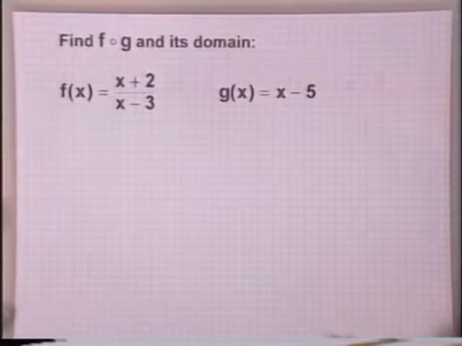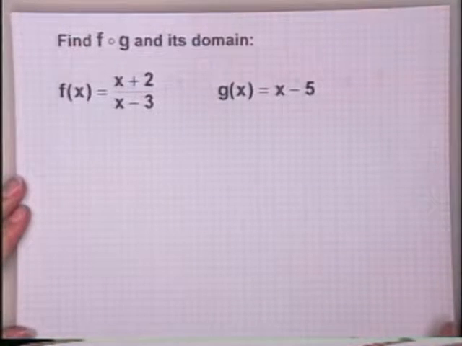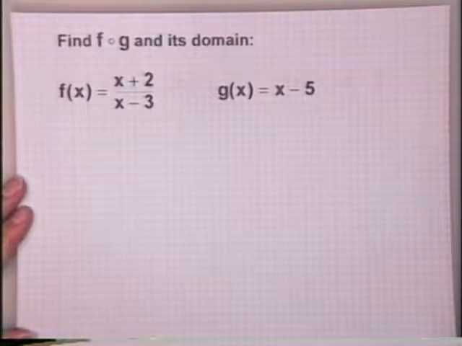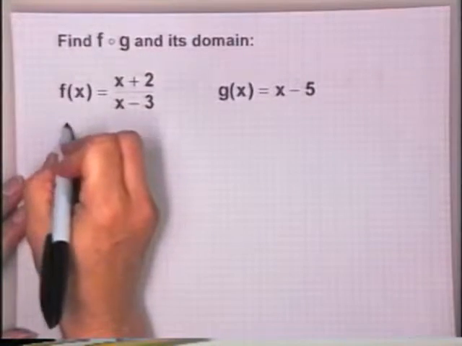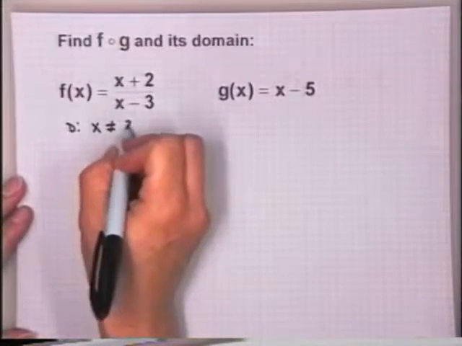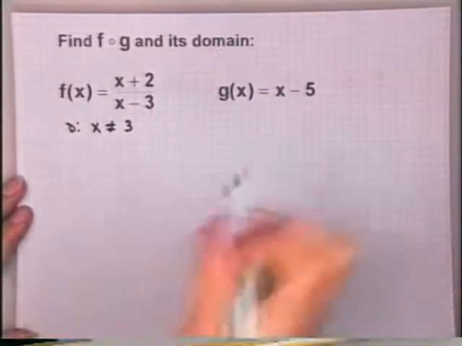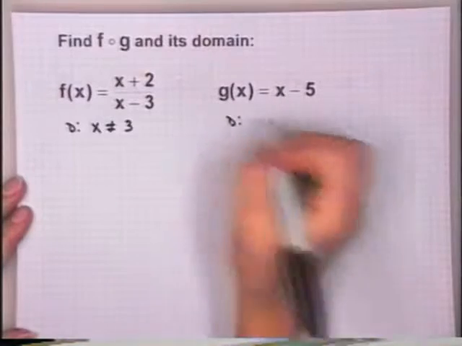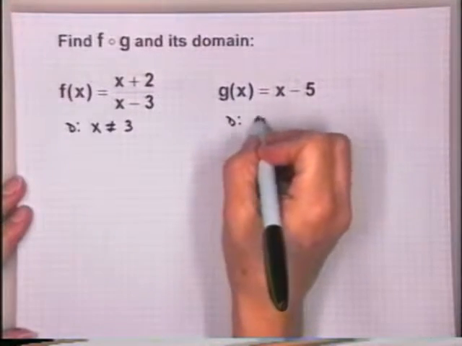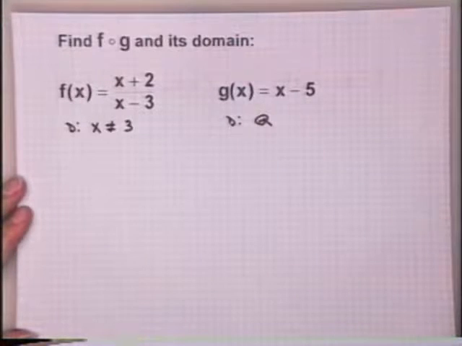Before we get started with the composition, let's make a note here for f of x. What is our domain for function f? x can't be what? It can't be 3, can it? What about function g? Are there any restrictions on function g? There are none, are there? In function g, we can use any number that we want to.